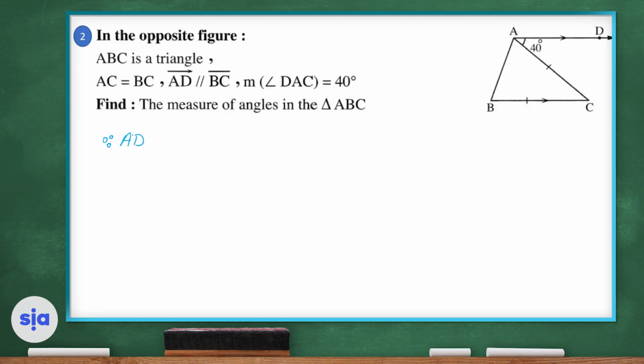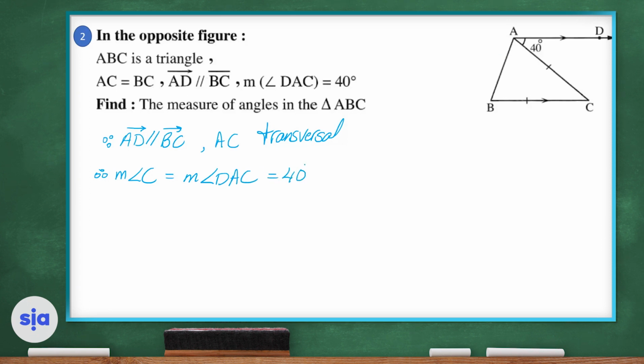Since AD is parallel to BC and AC is a transversal, therefore the measure of angle C is equal to the measure of angle DAC, which is equal to the 40 degrees as it's given above. Why are they equal? As they are alternate angles.